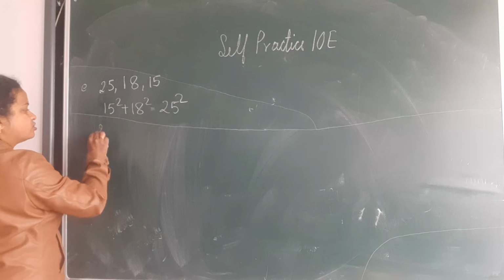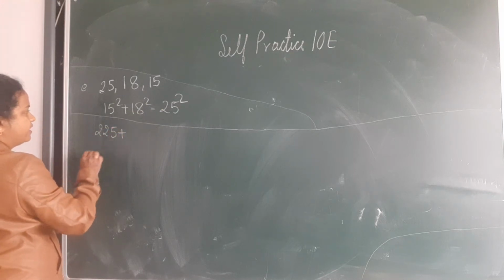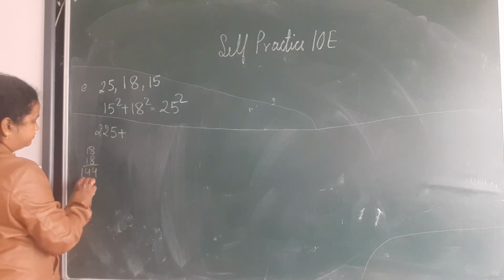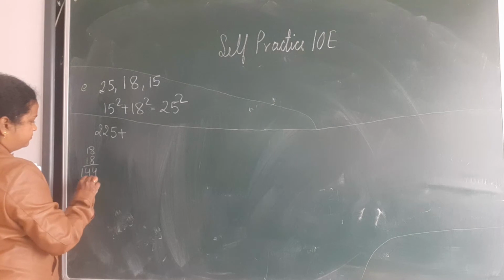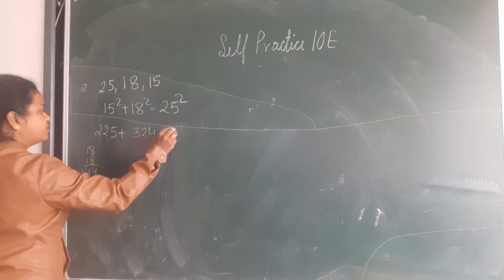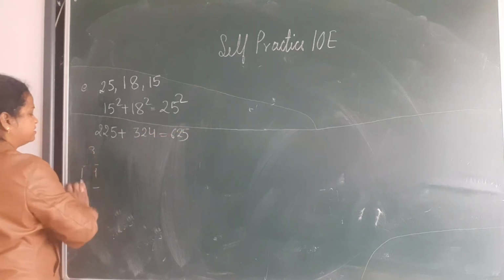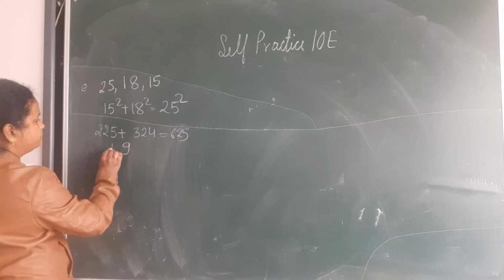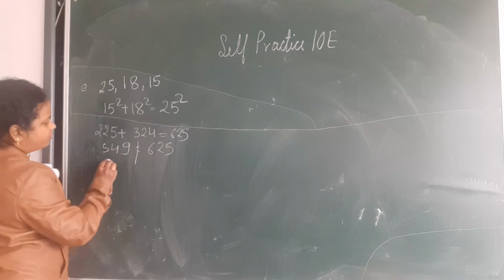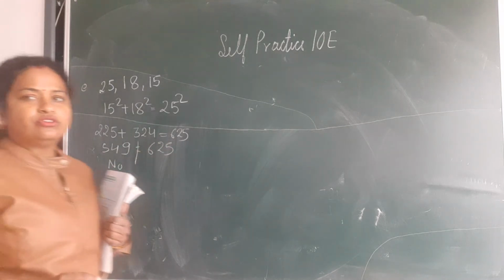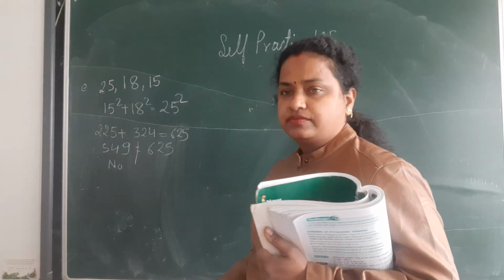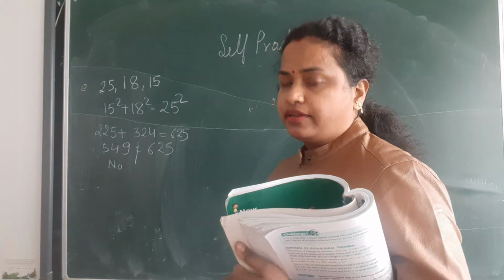So 15 square is 225, 18 square is 324, which gives 549, and that is to be compared with 625. They are not equal to each other, so it does not follow the Pythagorean triplet.